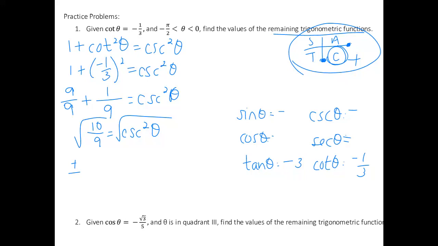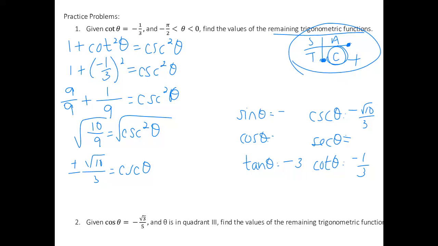So in this case, again, root 10 does not reduce, but 9 does reduce. It's not 9, it is now 3. And we're looking at just cosecant of theta. So now we know that cosecant is actually going to be negative root 10 over 3 in this case.